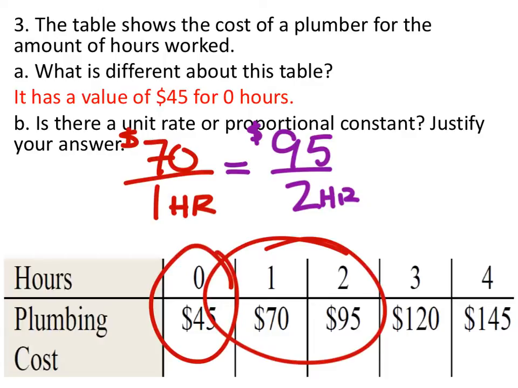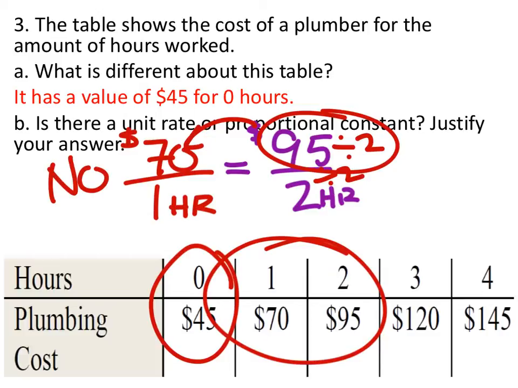So in other words, I would divide both these by 2, and then I would see if that would equal the $70, which it does not. So the answer is no, this has no proportional constant because the fractions, the ratios as fractions, or rates, or whatever you want to call it, they are not equivalent. Therefore, they are not proportional.